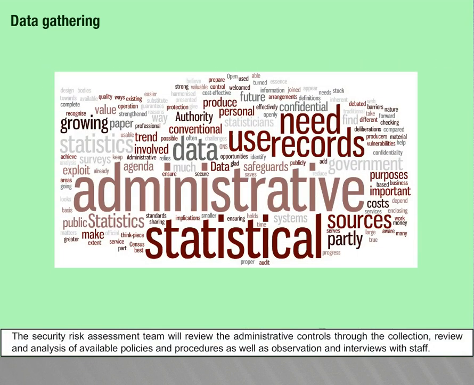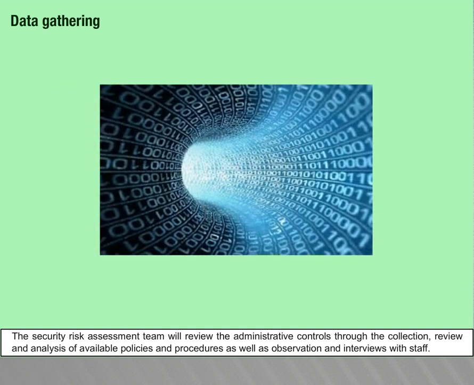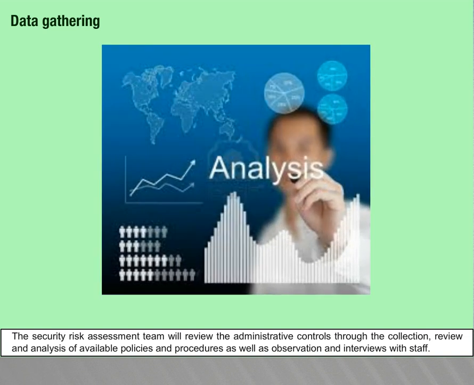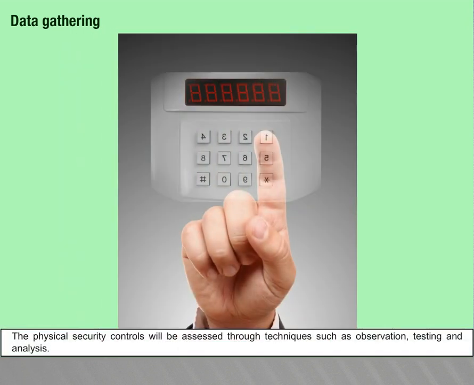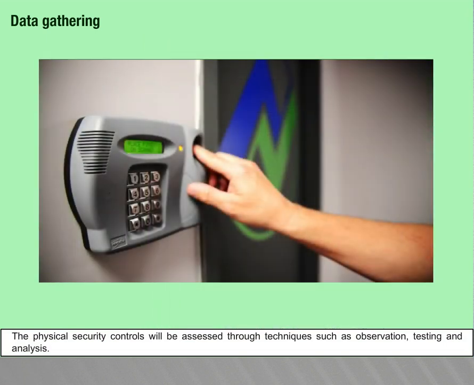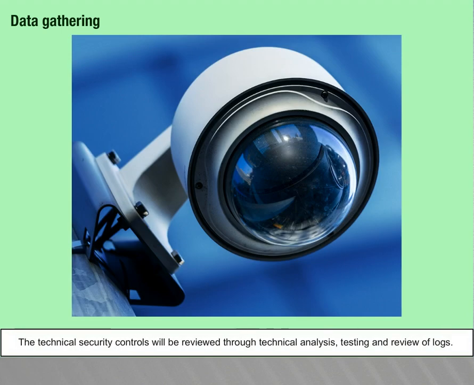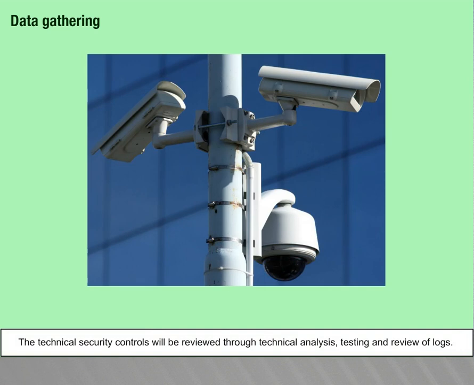The security risk assessment team will review the administrative controls through the collection, review, and analysis of available policies and procedures, as well as observation and interviews with staff. The physical security controls will be assessed through techniques such as observation, testing, and analysis. The technical security controls will be reviewed through technical analysis, testing, and review of logs.